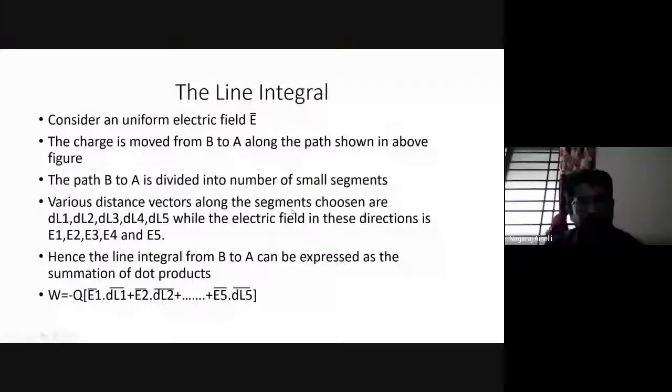Various distance vectors along the segments are dl1 bar, dl2 bar, dl5 bar, and so on. Electric field intensities are E1 bar, E2 bar, E5 bar. Hence, the line integral from B to A is expressed as the summation of dot products. That is, W is equal to minus Q of E1 bar dot dl1 bar plus E2 bar dot dl2 bar and so on up till E5 bar dot dl5 bar.